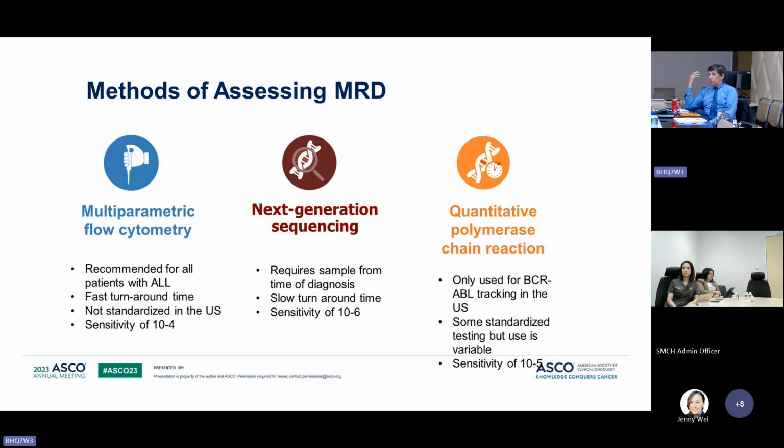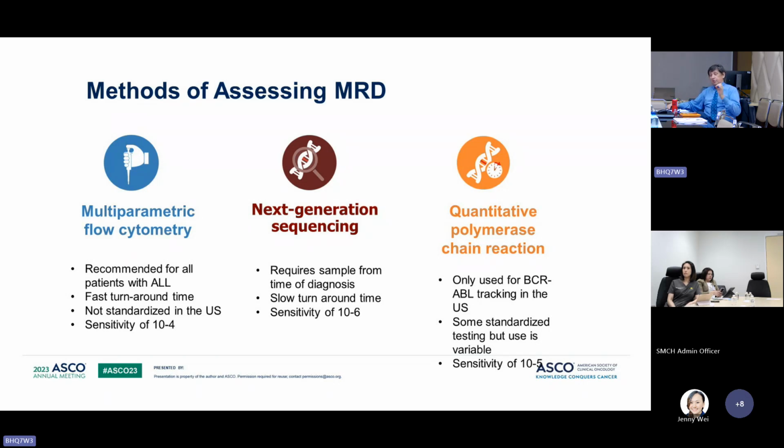Now with flow cytometry, called multiparametric flow cytometry, you can look at several molecules on the cell surface at the same time to identify the phenotype of the blasts when they had their active disease, and that unique phenotype can be re-examined in the future. And that is not standard.